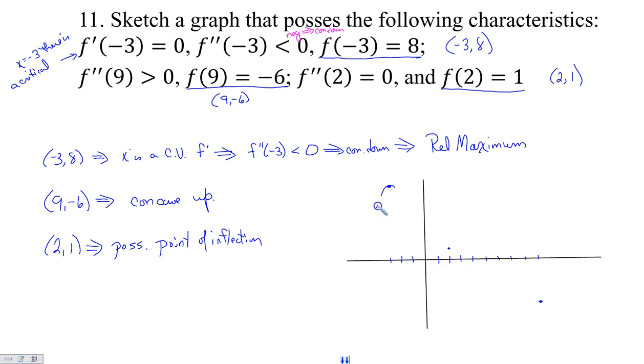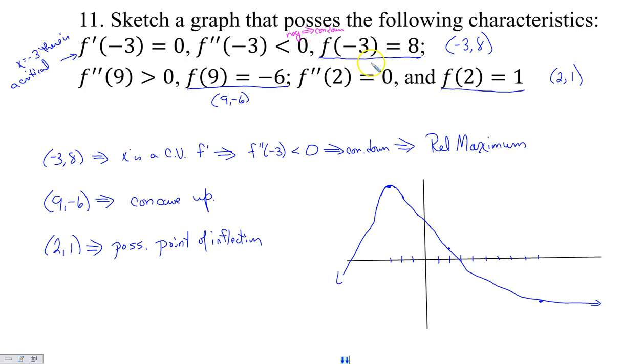So we know that it's concave down at least through here, and we know that this concavity changes, and we do know that it's concave up here. We don't necessarily know anything else about it, so since it's concave down, and this is going to change, we're going to make it come here, and then all of a sudden it's going to become concave up, and our graph is going to do something like this. And that's really pretty much all we can get from that.